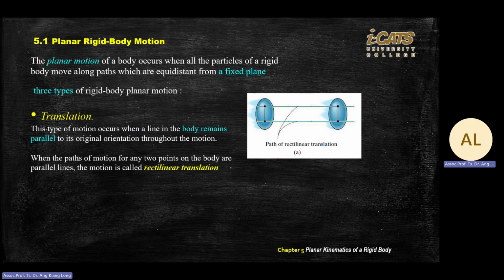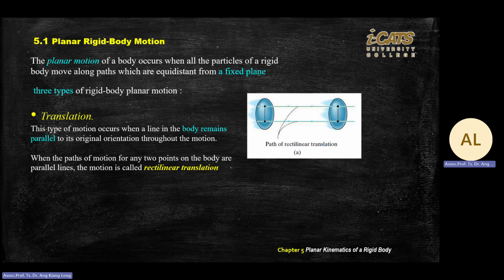This is called rectilinear translation. In chapter 1, 2, 3, you learned about rectilinear motion, but today we learn about rigid body motion. The first type is called translation, meaning it transfers from one location to another location in a straight line. So the first one is rectilinear translation.